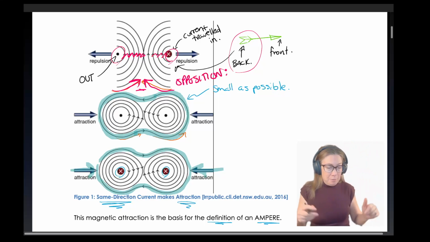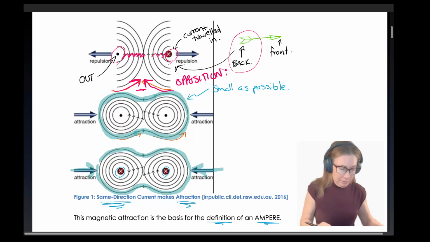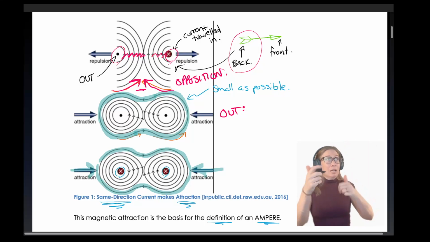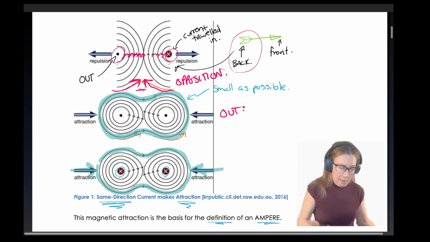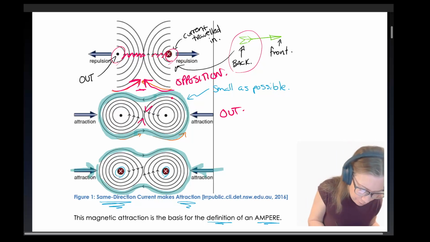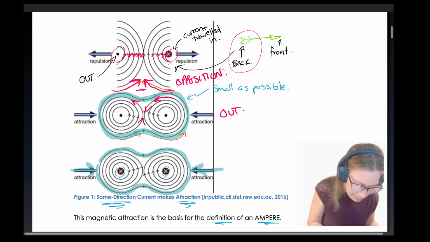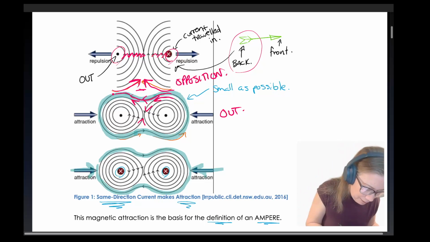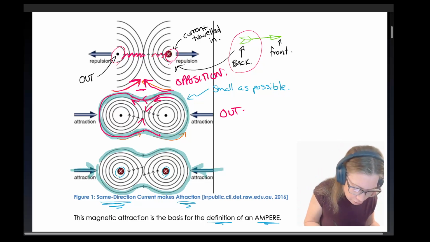Now, if I have them going in the same direction, so they're both coming out in this picture, then I do my right hand rule again, and these ones go this way, and these ones go this way. And if you follow that, look, you have one going that way, and then you have one going that way, and that's actually the same direction up at the top there. So these magnetic field lines join.